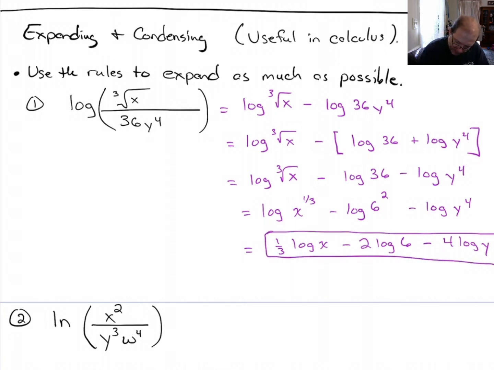Now, let me say something about this. Having a 6 squared there, it's fine to leave this as log of 36. Some people, and I imagine the book would probably write this as 2 log 6 instead of log 36.